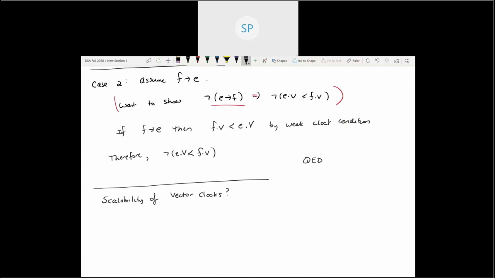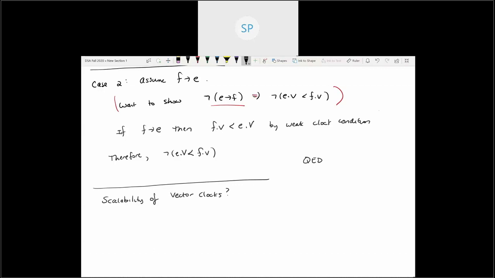Assuming we buy into the community belief that we do want to keep track of the happens-before relation to use it to determine things like who gets a reservation, how we merge files in a versioning system, or how we apply updates in a database, which is very common. We do use this. So how can we implement this? Is this scalable?